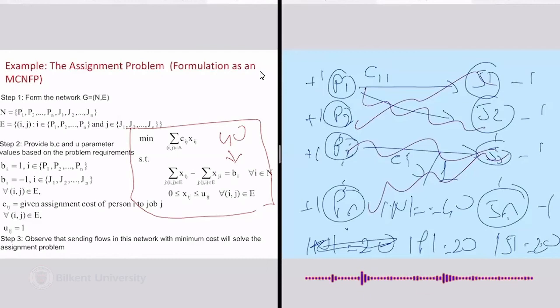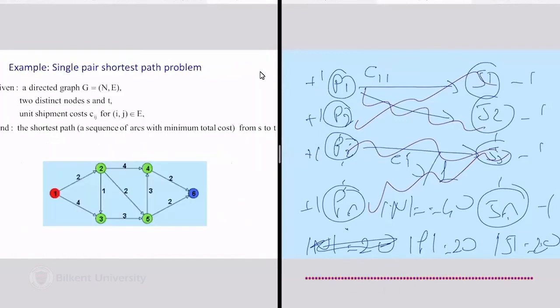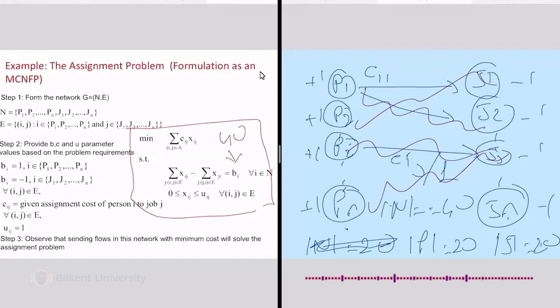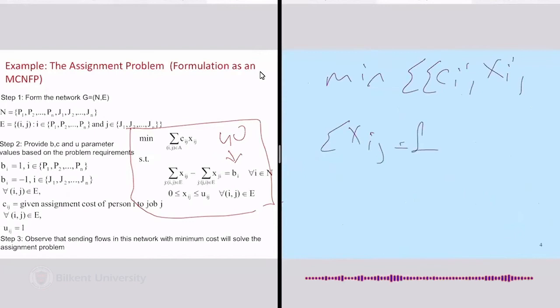So when you think about it, this is the objective function, right? Cij xij. Then for my supply nodes, which means my persons, the summation of xij should be equal to 1 when i is in the person set.